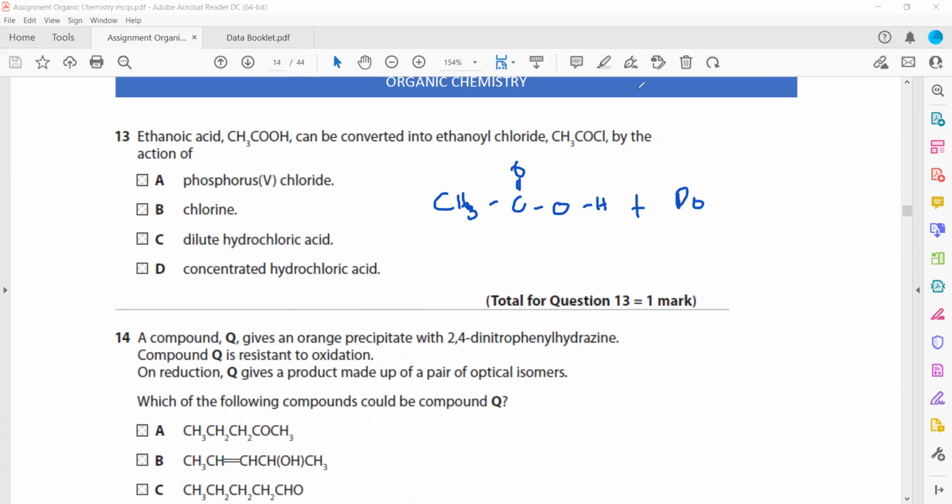So with phosphorus pentachloride, one of the chlorines will displace this OH, so it will form CH3C double bonded with O and Cl, plus POCl3 plus HCl. As a result, it will produce misty fumes. So for question 13, A is the right answer.